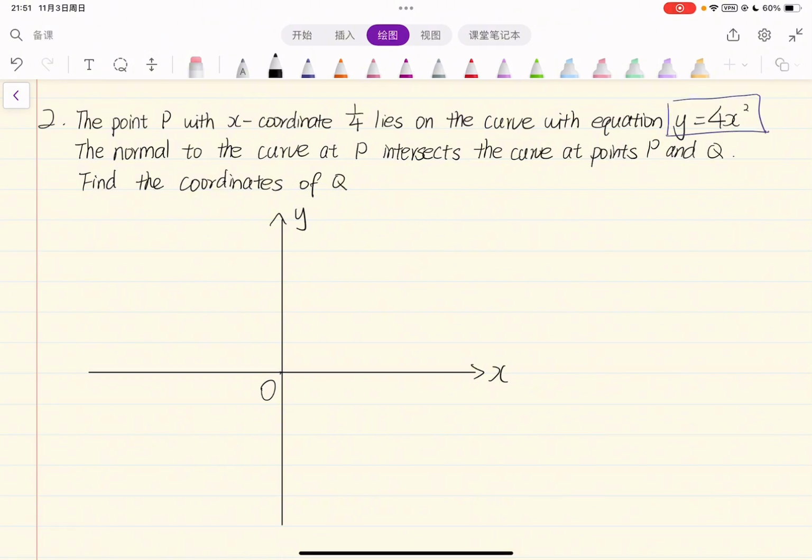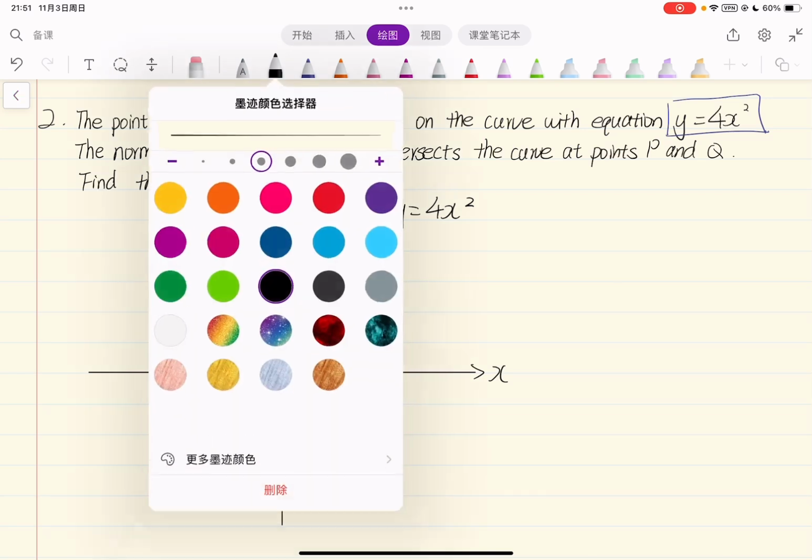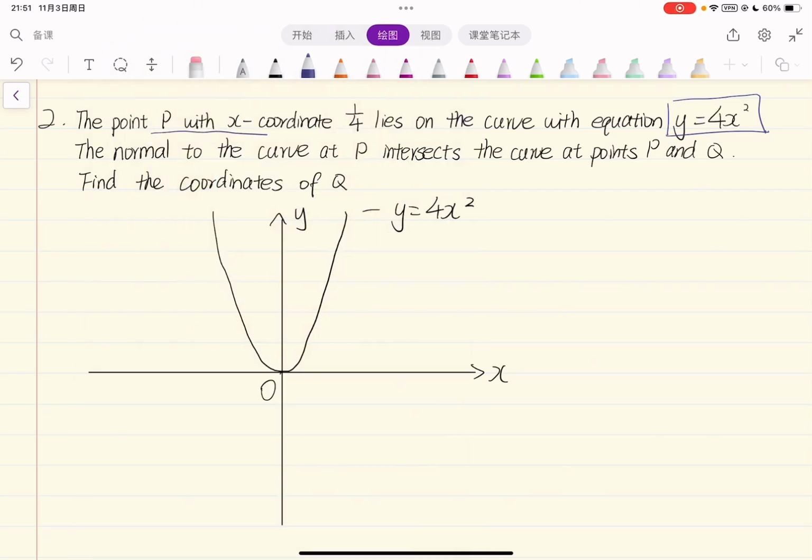So we draw that, probably like that. So we have y equals 4x squared, and the point P with x coordinate 1 over 4. So here is the point P, that is 1 over 4.